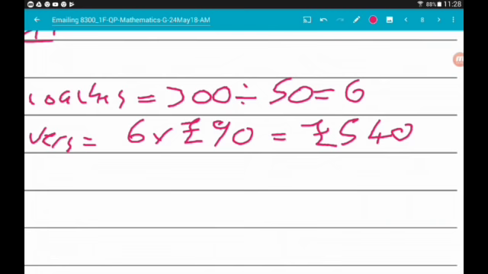So that's how much the drivers cost the company. Now we need to work out the fuel.